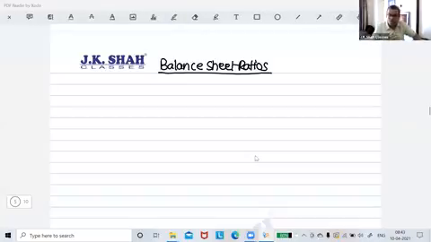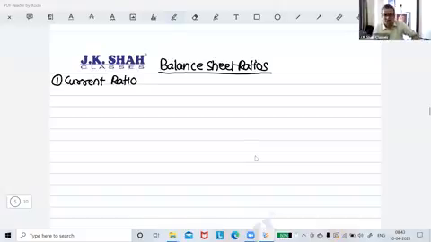We know that we are going to utilize the numbers from the balance sheet. So the first one, current ratio, a simple and an important ratio.